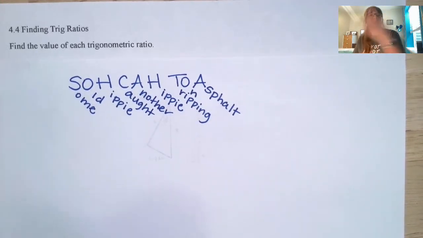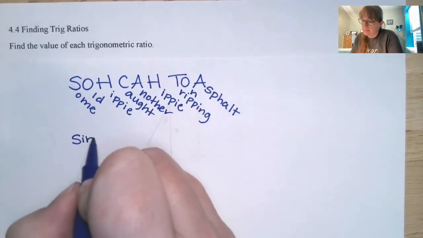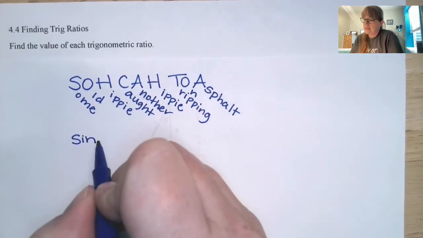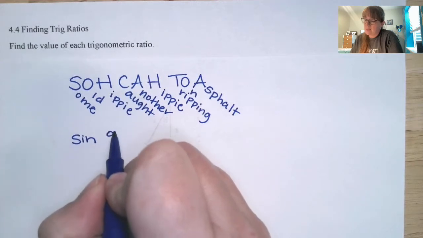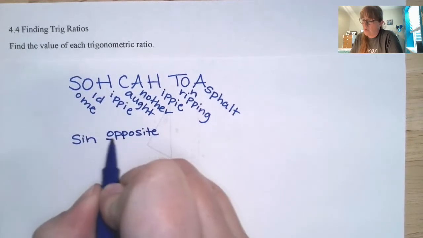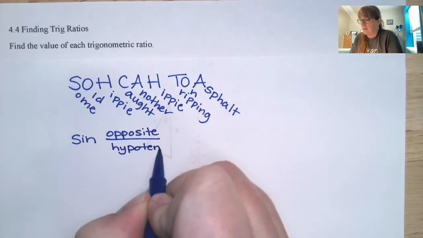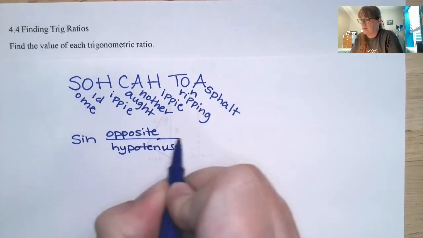Okay, so now we know how to spell it. We have a little saying on how to spell it. So S is always for sine. And sine is always going to be the opposite side, our O, over our hypotenuse side. Okay.